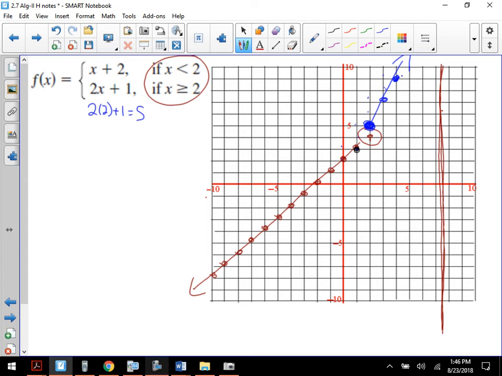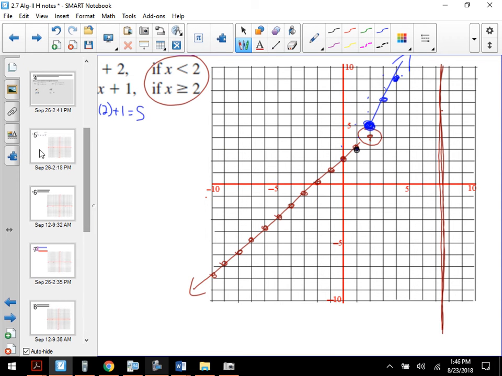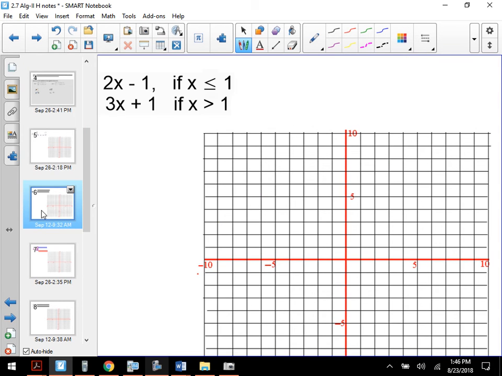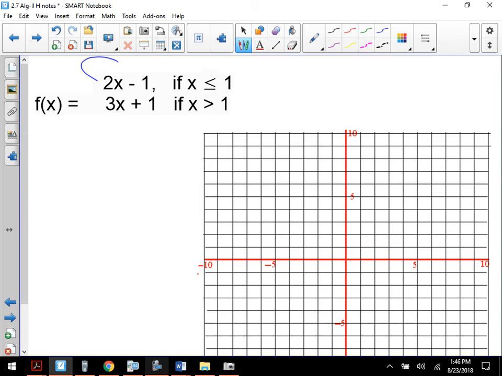When x is getting closer and closer to 2, once it reaches 2, it's not going to equal 4. It's going to equal 5. It just jumps. All right. Let's try another one.